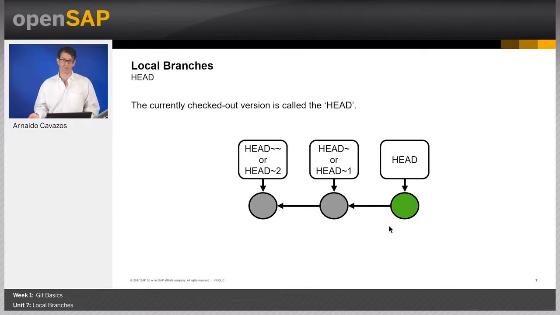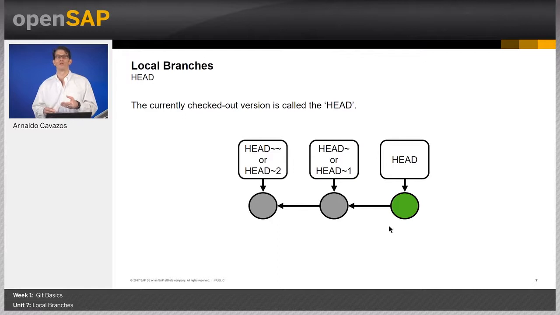That can sometimes cause problems, and in WebIDE it isn't possible because even though WebIDE will let you check out any commit in your repository, it's going to force you to create a branch pointing to that commit. You should know what a detached head state is because the repositories you connect to might have this problem, and knowing what it means is usually enough to know how to fix it.